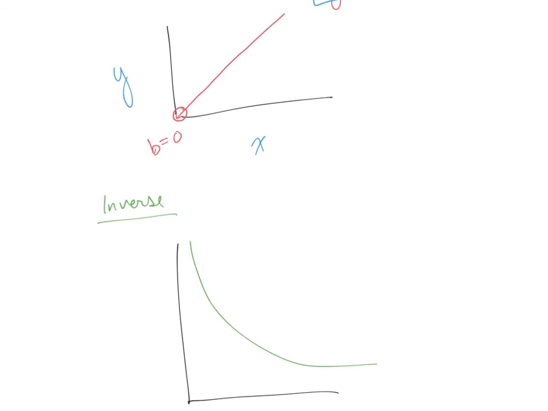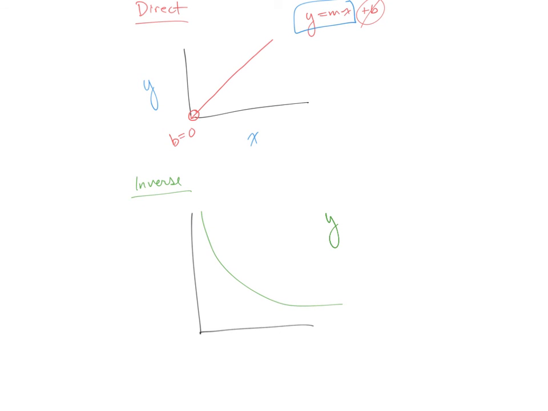So y equals whatever the value of the slope is divided by the x, and m could be any number, it could be 1 or depending on how sharply this changes. But overall, in an inverse relationship, as the value of the x-axis increases, the value on the y-axis decreases. And vice versa is true. As y increases, the x value has to decrease.